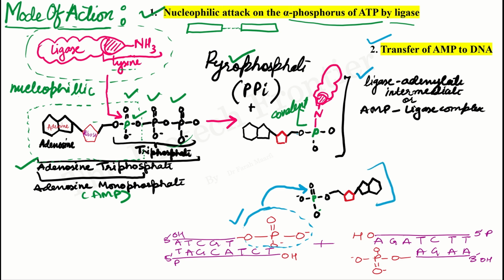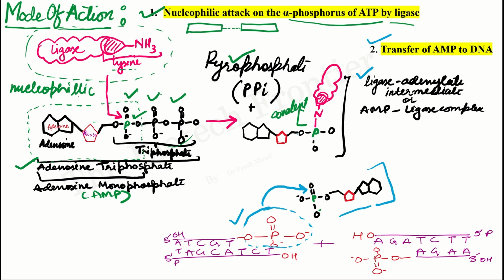This is a complex of the ligase-adenylate intermediate. So the phosphate group present at the 5' end of the DNA strand attacks the phosphorus atom linked to the AMP molecule in the ligase-adenylate intermediate.